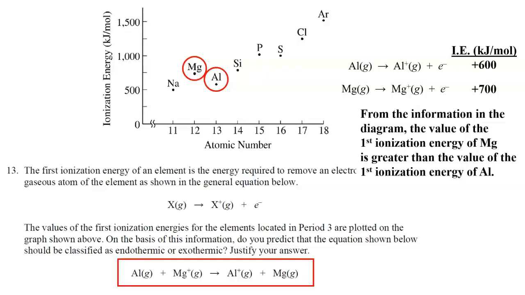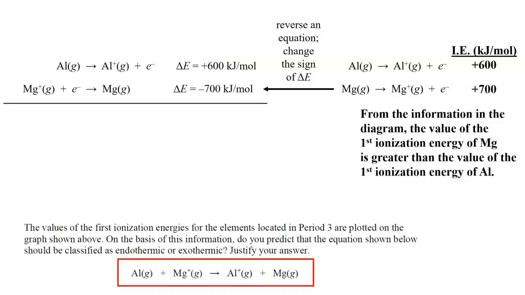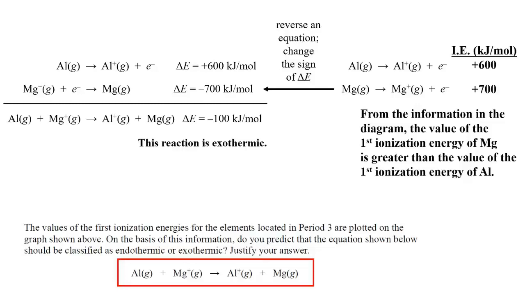As long as the magnitude of the ionization energy for magnesium is larger than that of aluminum, then it's going to work out. So when I reverse the magnesium equation, I'm going to flip that sign from positive to negative. And then when I add a larger magnitude number that happens to be negative to a smaller magnitude number that happens to be positive, it's going to work out to be negative overall.